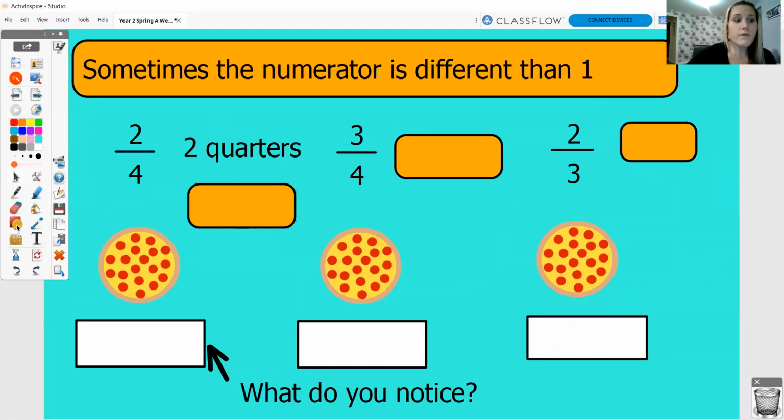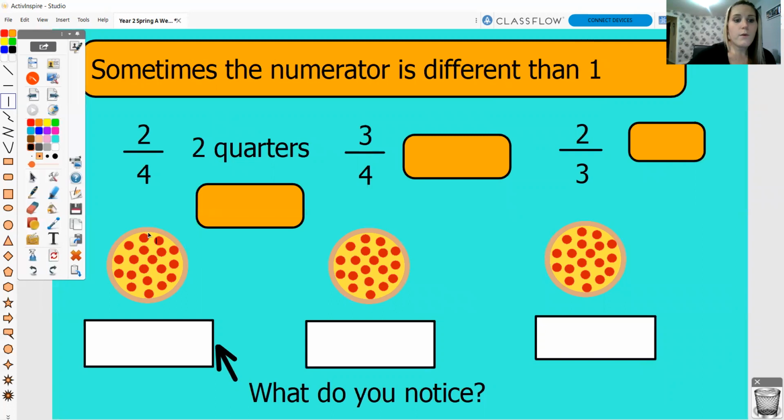We still divide the pizza into 4 equal pieces, but this time we're not going to eat 1/4, we are going to eat 2 quarters. We are going to eat this part and this part of the pizza, and then 2 quarters are left. If this was a bar, we would divide the bar into 4 equal parts and then count not one of those 4 parts, but 2 of those 4 parts.